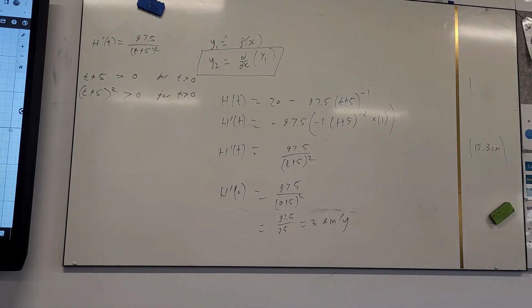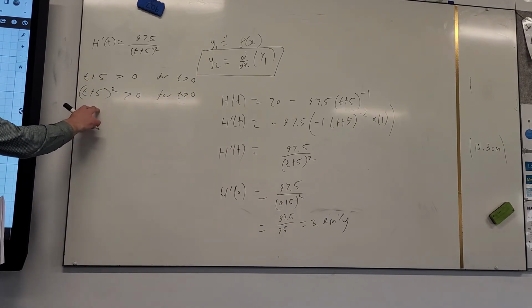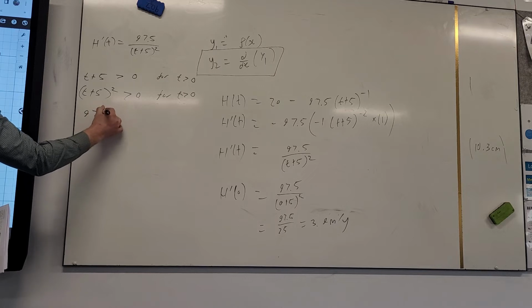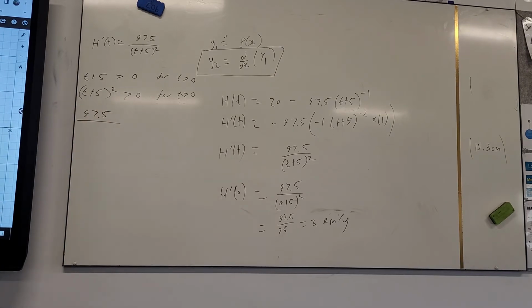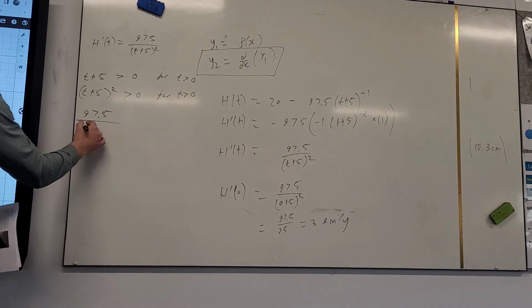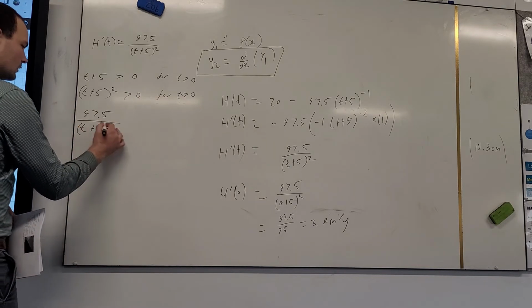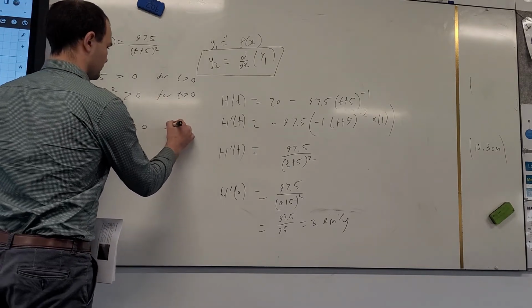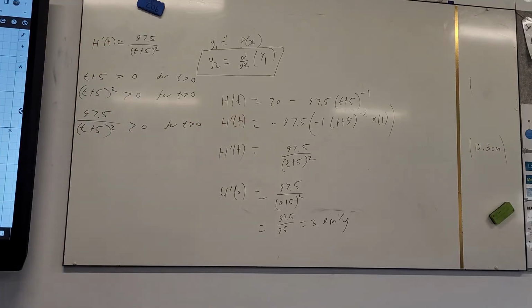I suppose you don't need the first step because we're squaring it anyway, but I wanted to include that to show how we can break these things down to their components and show that the components lead to some conclusion. So we have t plus 5 squared, and then we've got 97.5, which is a positive number, divided by a positive number, which has to be larger than 0. Why? Because when you divide one positive number by another, it's always going to be positive.